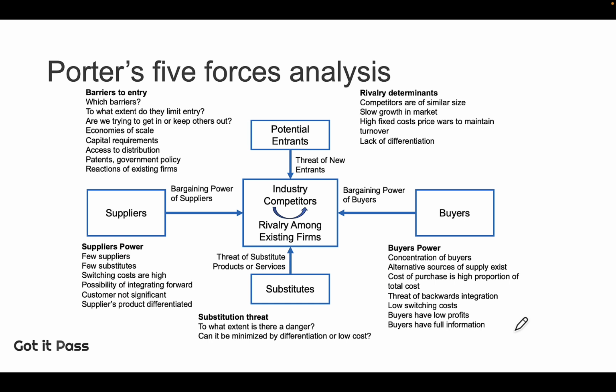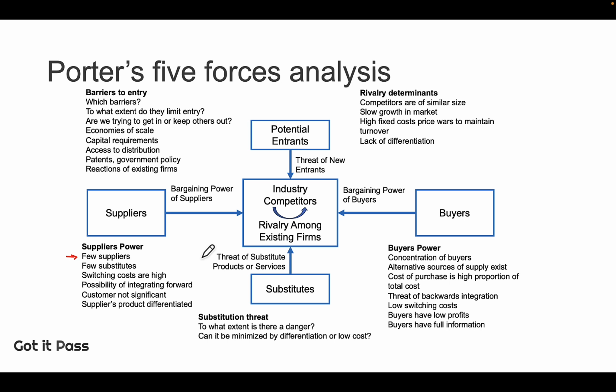And the final force under Porter's 5 forces analysis is supplier's power. Here are the 6 points we put here to highlight why the supplier's power is high. First, few suppliers. That means you have no other choices, only a few, maybe 2 or 3, that you can choose from.